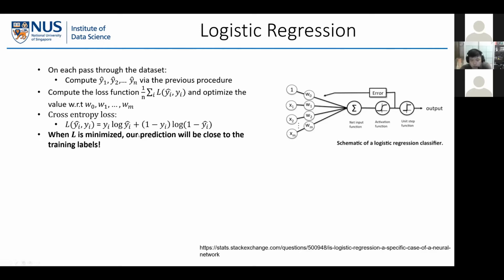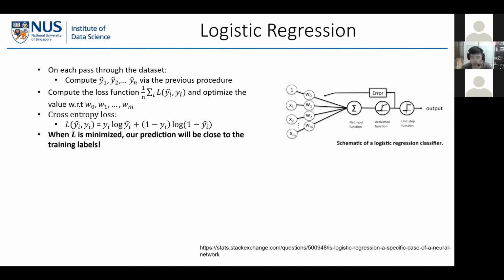Of course, you want this to be as large as possible, so yi hat should be 0 because it's class 0. We want to predict it to be 0. And so the loss is minimized. Meaning when this loss function is minimized, our prediction will be as close as possible to the training labels. That is basically what we do with these logistic regression models.